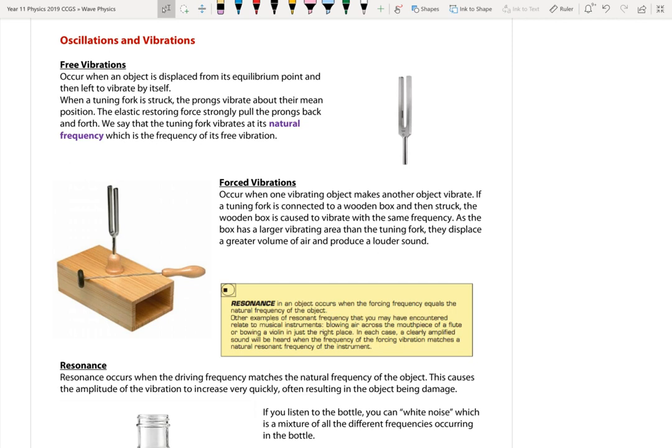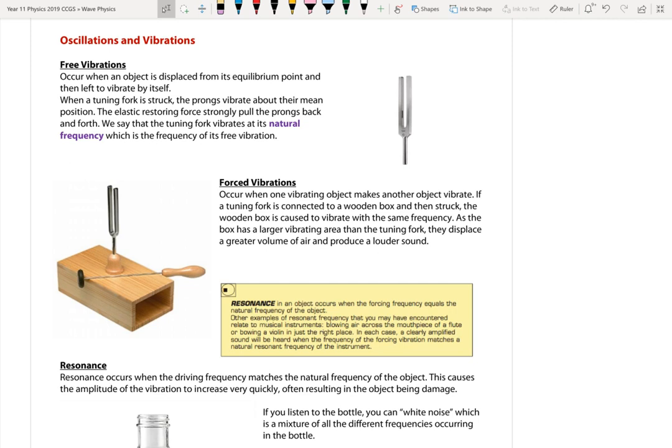The two prongs are vibrating backwards and forwards, so this is called a free vibration. You can displace them by plucking them like that, and it's just going backwards and forwards. It vibrates about its mean position, the restoring force brings the prongs backwards and forwards, and it's going to vibrate at its natural frequency. This one is 355 hertz, so if we could view these little prongs, they would be oscillating 355 times a second.